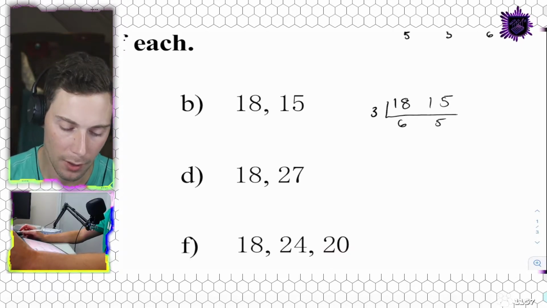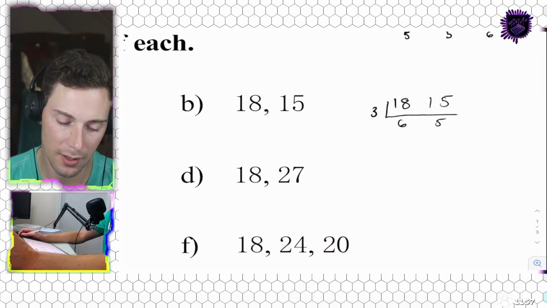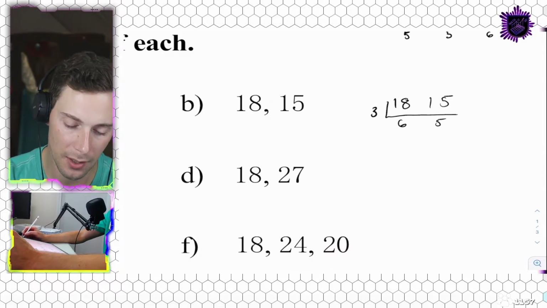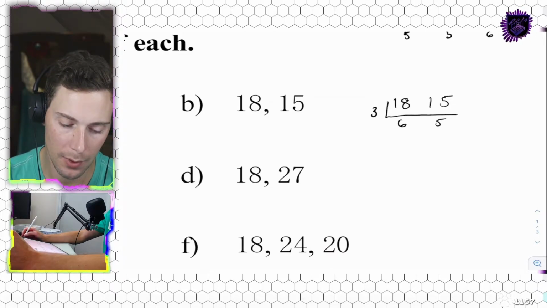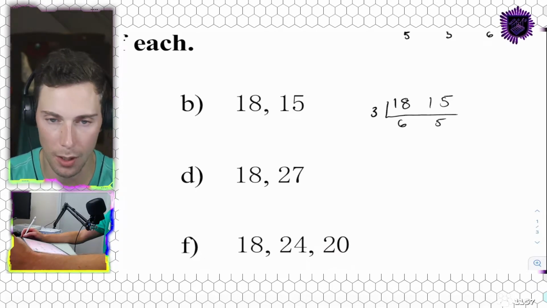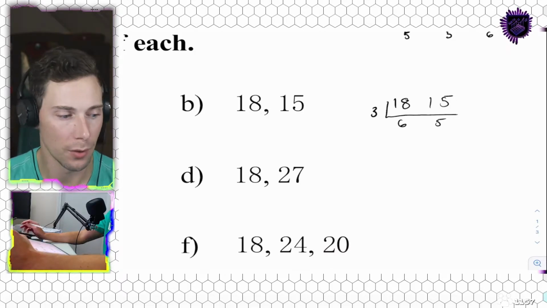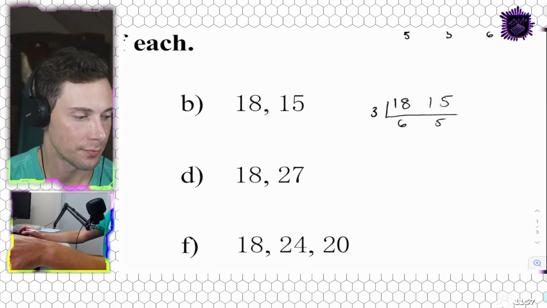Okay, so we are using the ladder method here. 3 times 6 is 18, 3 times 5 is 15. So we are kind of here. There's no common factor for 6 and 5. So we're going to have to go from here.